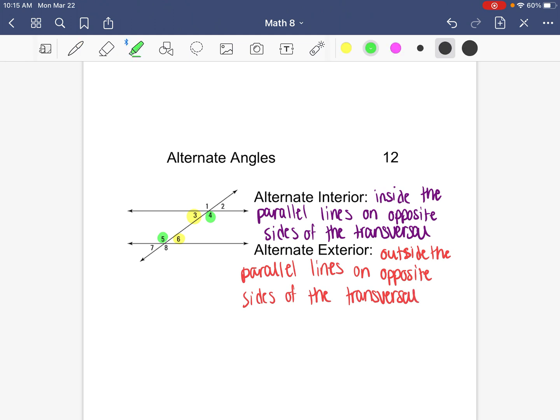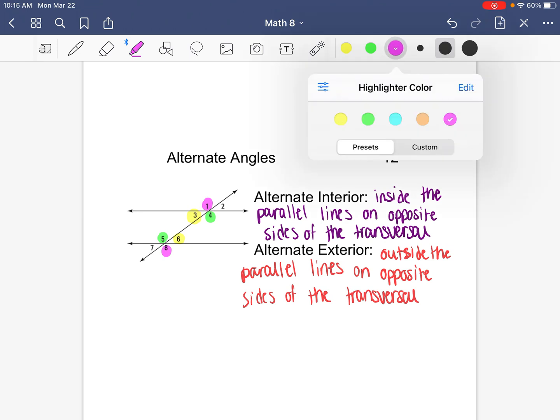So to show you a couple more examples, alternate exterior, if we choose angle 1, angle 8 is alternate exterior to that. If we choose angle 2, angle 7 is alternate exterior to that.